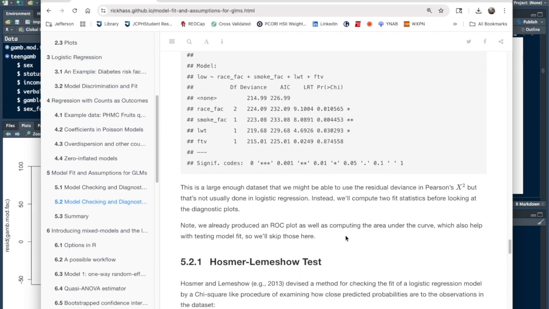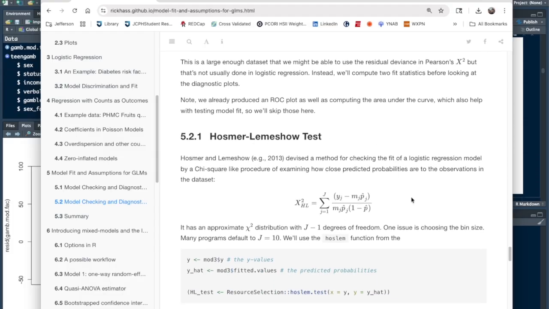There's something you can sometimes use called the residual deviance test, which is a chi-square variable. But in logistic regression, it's harder to do, but you can approximate it using something called the Hosmer-Lemeshow test.